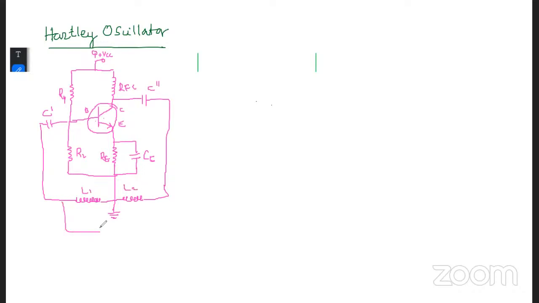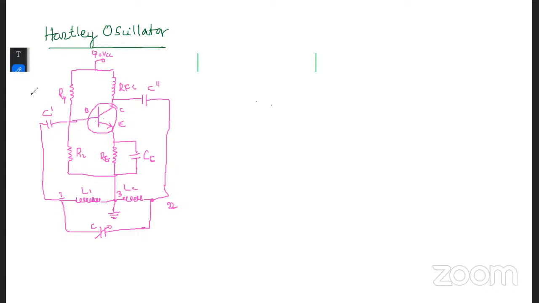In parallel a capacitor is connected, generally a variable capacitor C. Here at point 1, this is the second and the third node. So this is the circuit diagram of the Hartley oscillator.